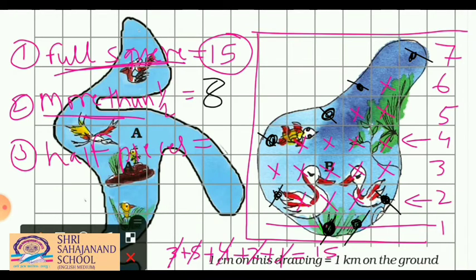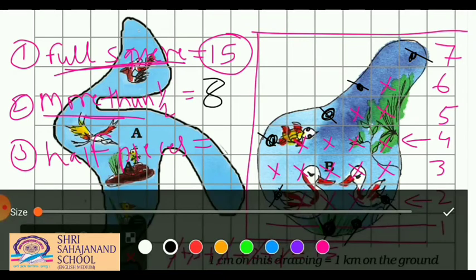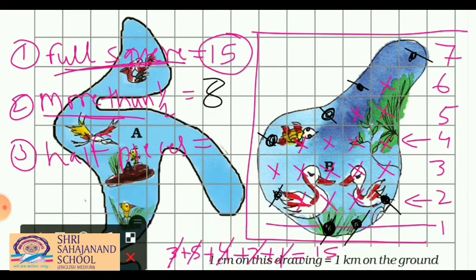Now next we have to count only the half squares or half pieces. So let's count from row 7. So here you will see, okay, this is half. Now in row 6, here another one, we found 2 halves, and in row 5, yeah, this one.